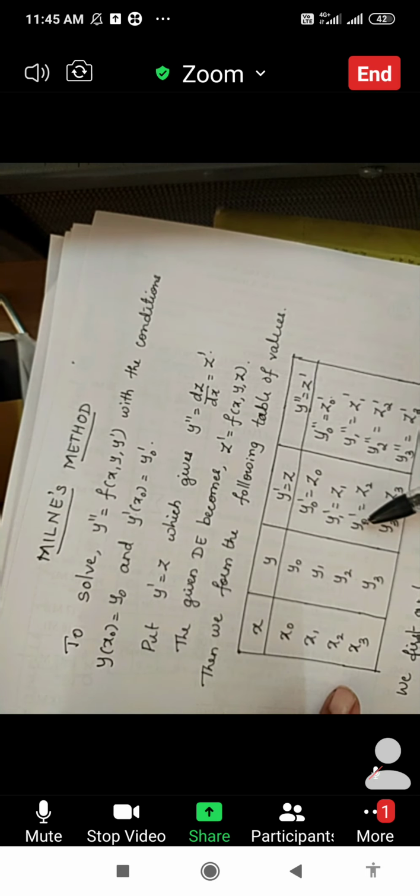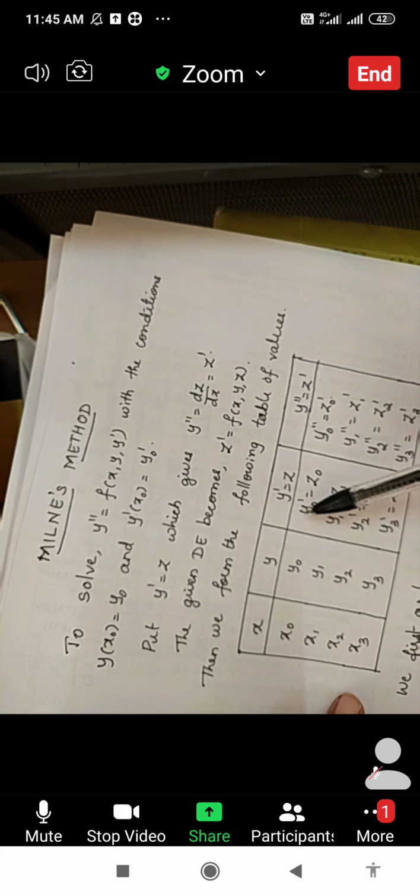The y dash values are also given, which can be taken in terms of z. So y naught dash, y1 dash, y2 dash, y3 dash can be referred to as z naught, z1, z2, z3. Am I clear with this?